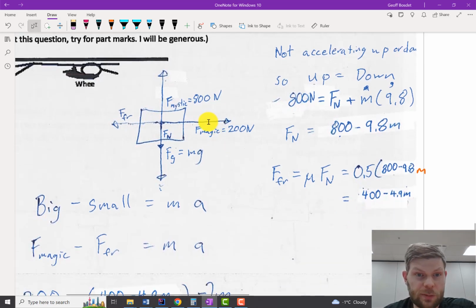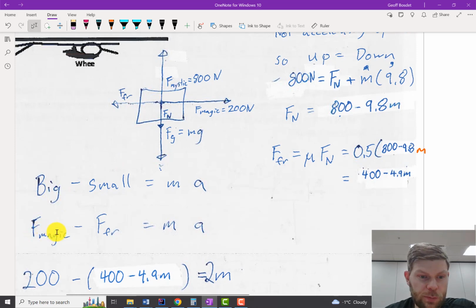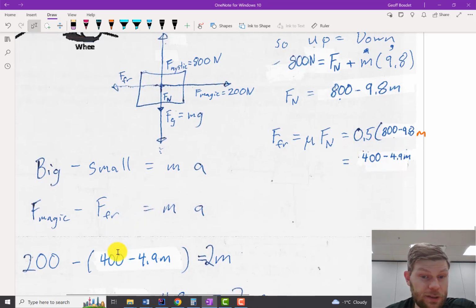And then we can just do big minus small equals ma. So we got our 200 Newton magic force forwards minus our force of friction, which is this delightful thing. And that's going to equal m times a. Notice I've swapped m and a because you're used to, in math class, seeing coefficients before your variables.